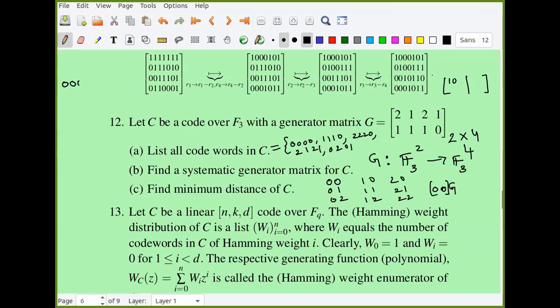So let us write down. If I multiply 1 2 with G, what do I get?